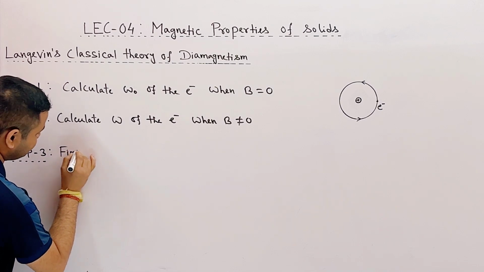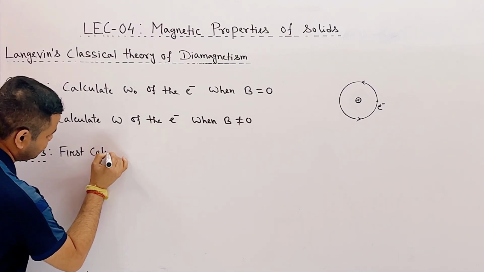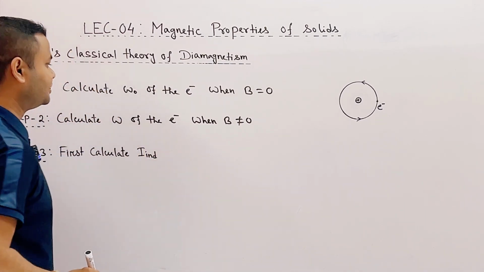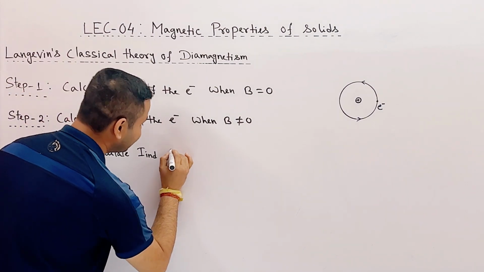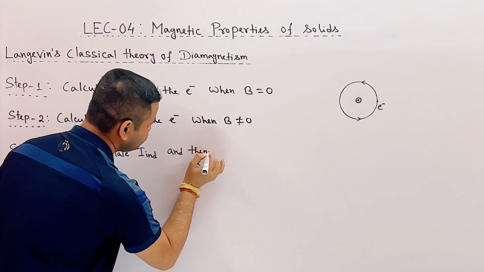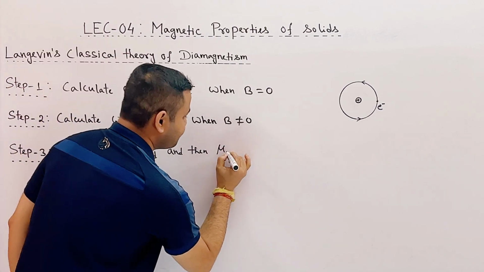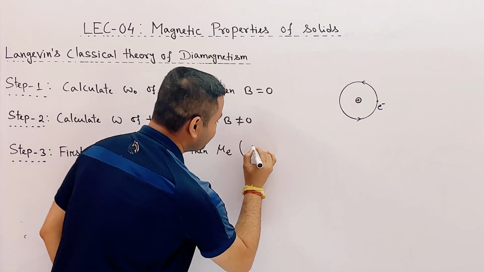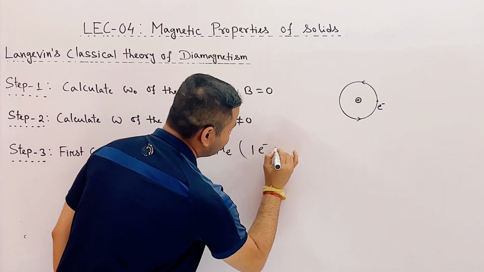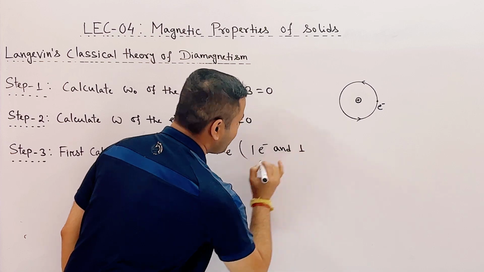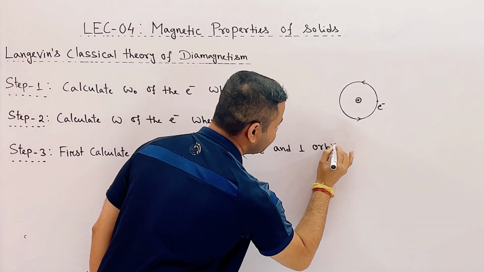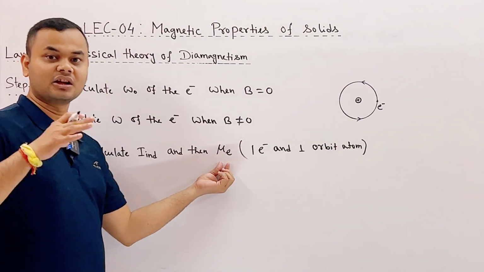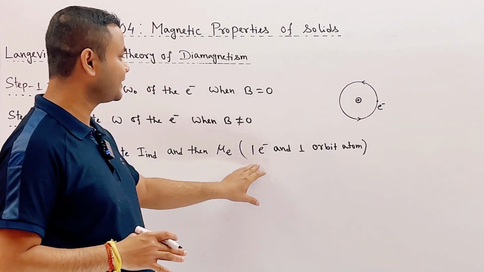First, calculate the induced current due to change in angular frequency of the electron and then induced magnetic dipole moment. So, this is the magnetic dipole moment for 1 electron and 1 orbit atom.